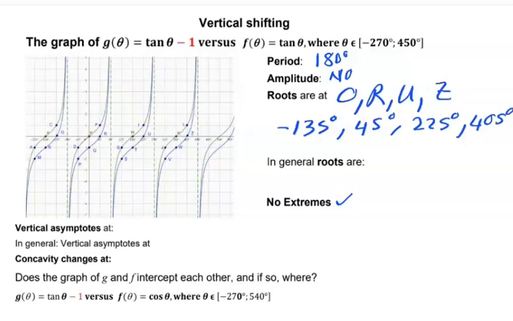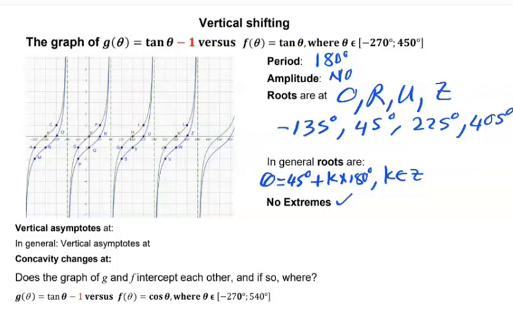In general, we can write down the roots by again taking a starting point like 45, so we can say theta is equal to 45 plus k times the period, which is 180 degrees, where k is an element of Z. And we can write it as another formula, but in this case we can just keep it like that. So these are all the roots.